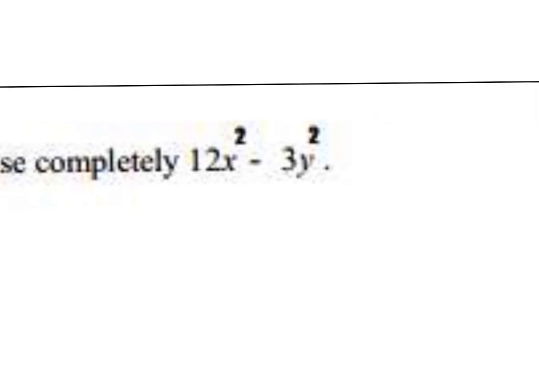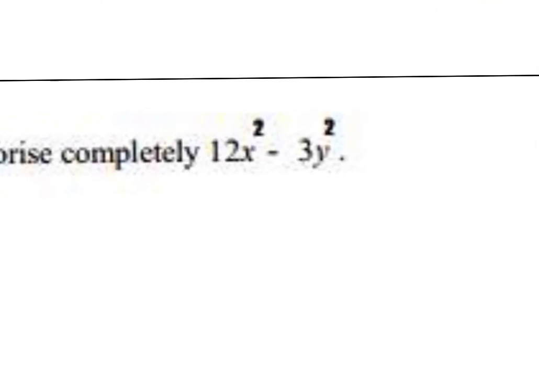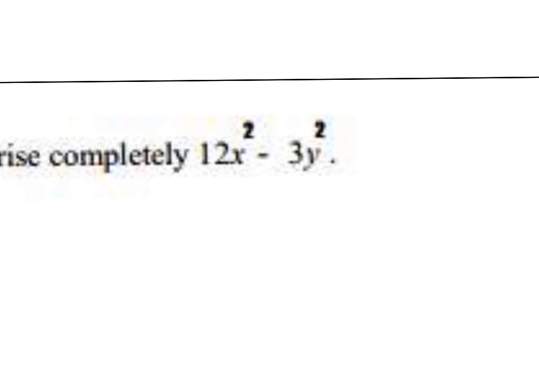Moving on, number 5, 12x squared minus 3y squared. Check for the common factor. 12 and 3 are divisible by 3. So the highest common factor between 12 and 3 is 3. So take 3.